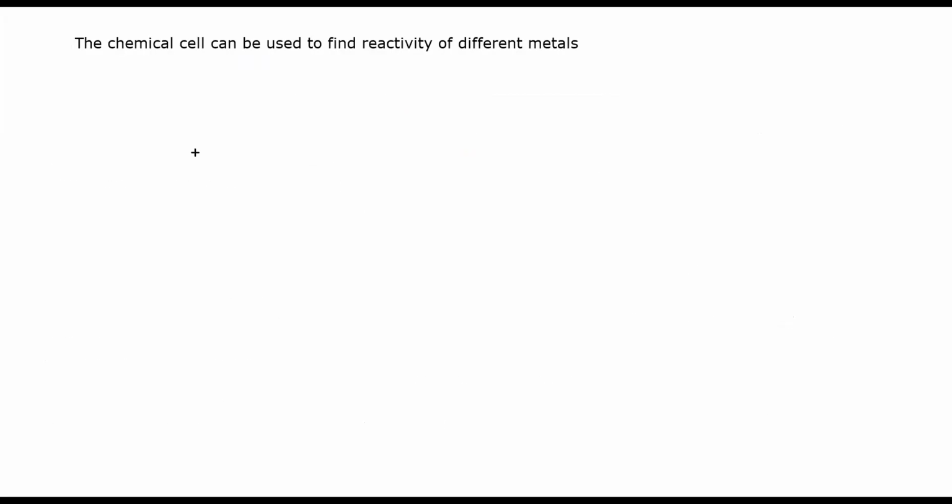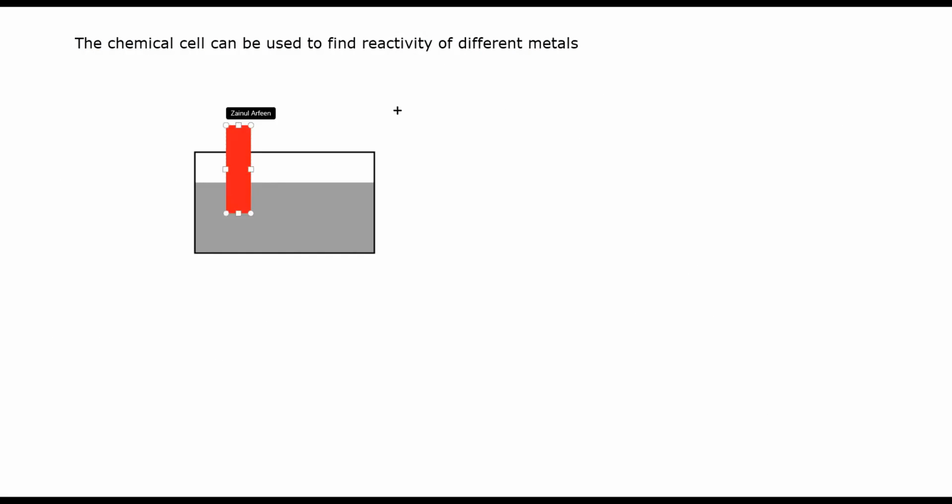Example, we have electrolyte, and it consists of two different metal plates. And there is a lamp.